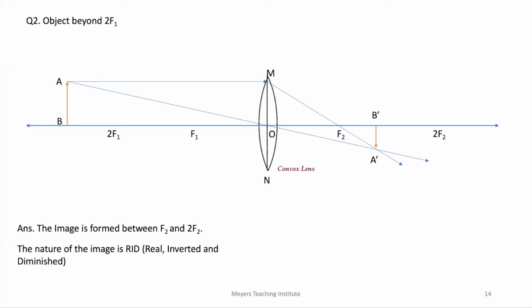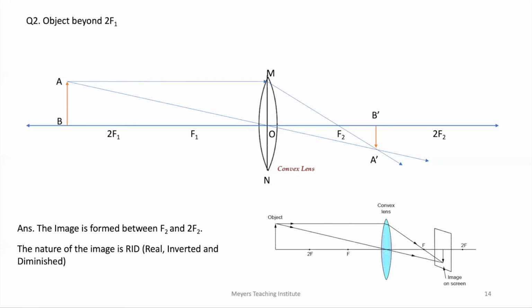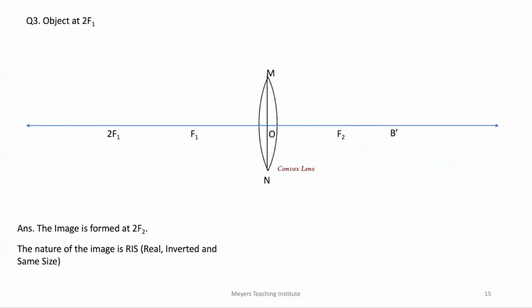However, you observe it is smaller than the object, and therefore we say that it is real, it is inverted, and it is diminished. This is something to make you understand how it looks if taken onto a screen.